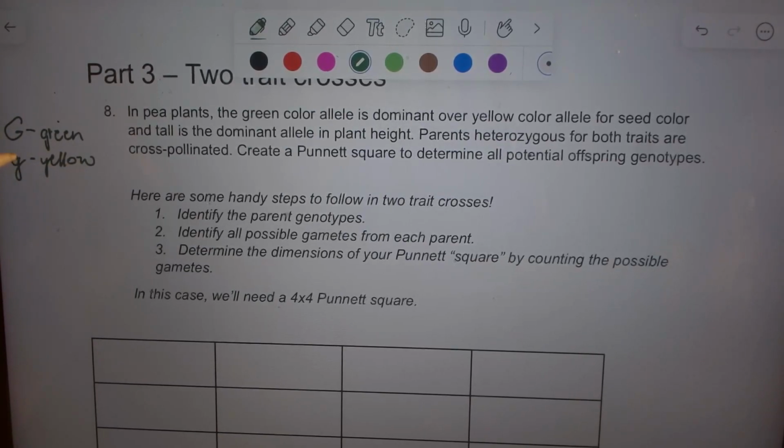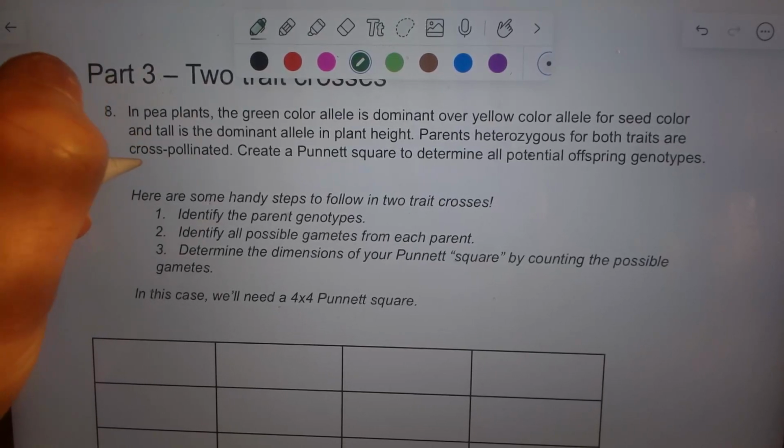As well as the tall is the dominant allele in plant heights, capital T will be tall, and lowercase t will be short plant. Parents heterozygous for both traits are crossed.